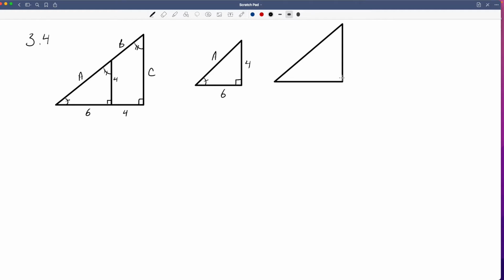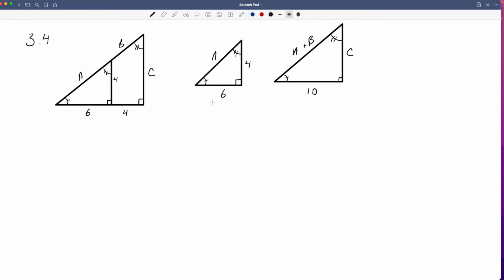All right, there is now 6 plus 4. This is going to be 10. This is the same as that one, and this is the same as that one. And this is going to be A plus B. It's both of these put together, A plus B. And then this is C. Now, because these are both drawn with the same base and the same angles in the same location, I don't really need a point of reference for it.